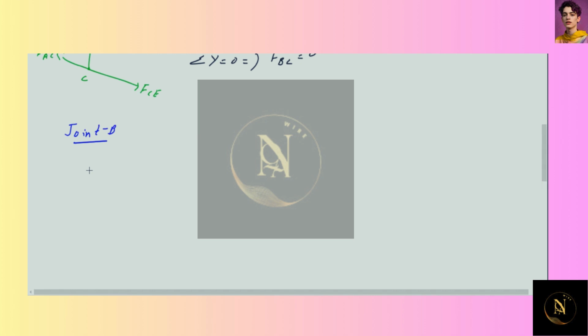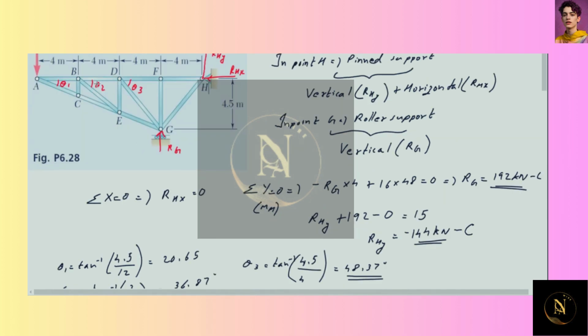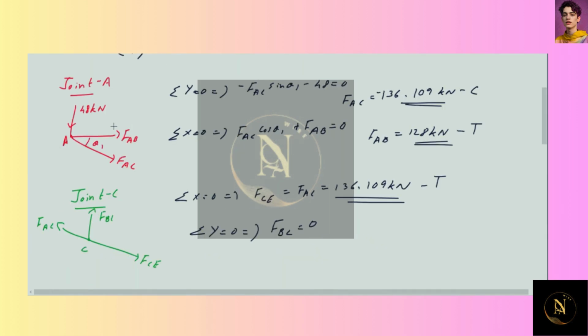For joint B, if this is joint B, there will be FBD, FAB, and FBE, right?